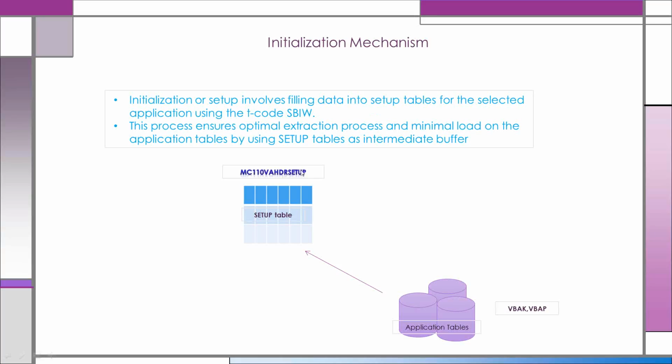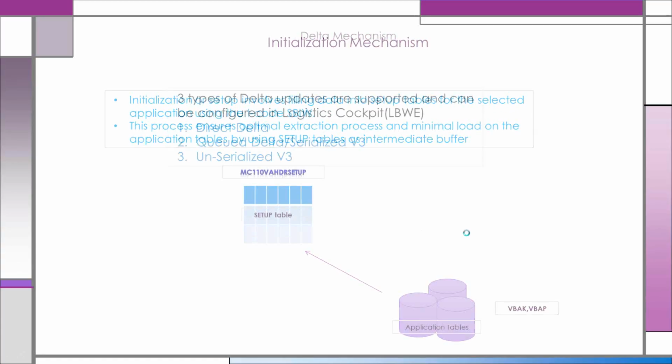Whenever there is a trigger from BW, it only hits the setup table. It's totally separate from the application table, so we don't impact performance. That's why, and the T code is called SBIW.